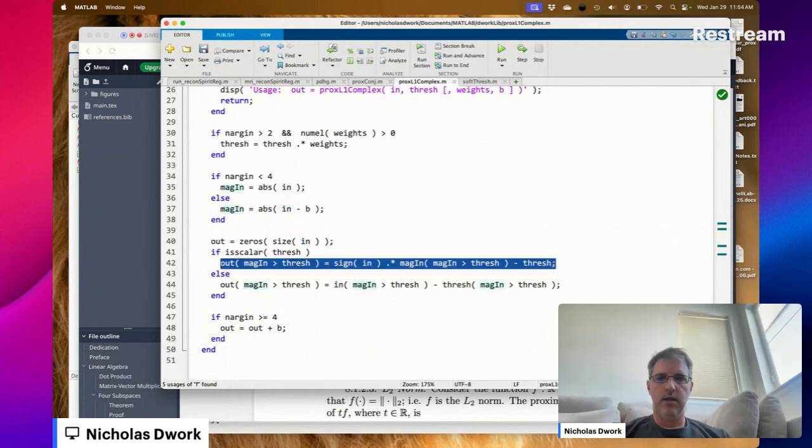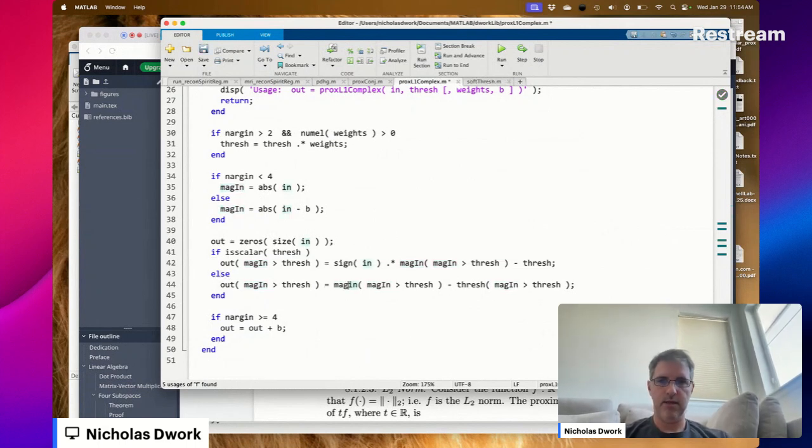Okay, the equivalent here would be to multiply here by the phase of n. That's why I did the multiplication.